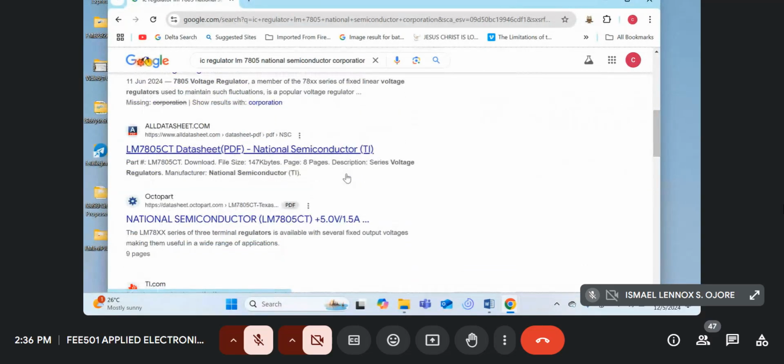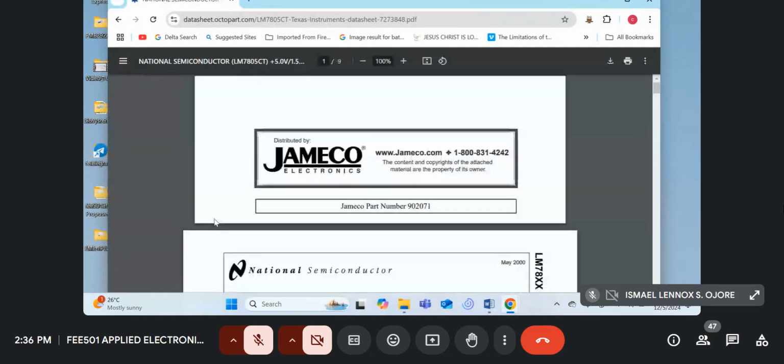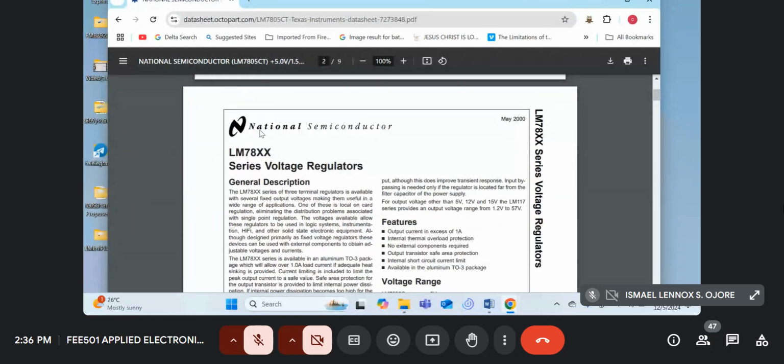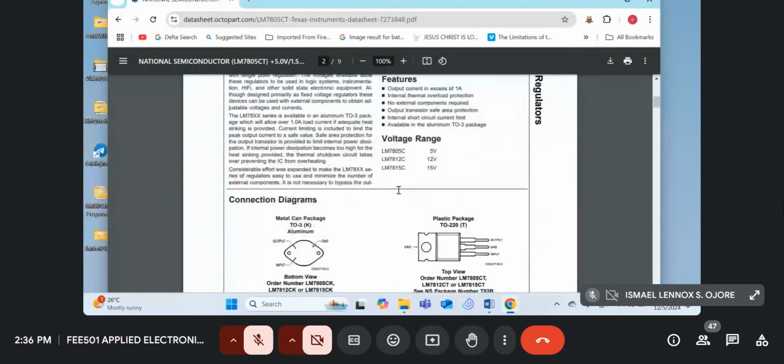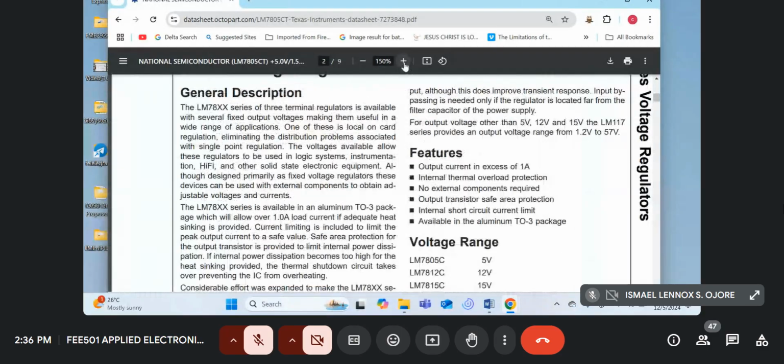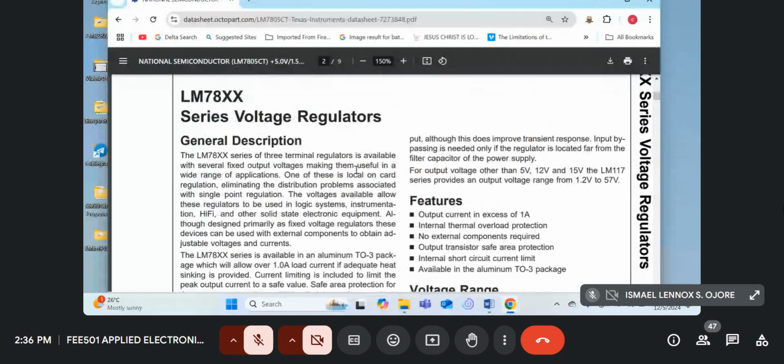It looks like National Semiconductor is no longer there. But it's here, National Semiconductor. This is a company I used to know, that used to manufacture these ICs. And that's still National Semiconductor. So you get more details from them. Most of the digital boards we have inside the labs, the companies that fabricate those digital boards or lab kits, they just go and order these IC chips from these companies.